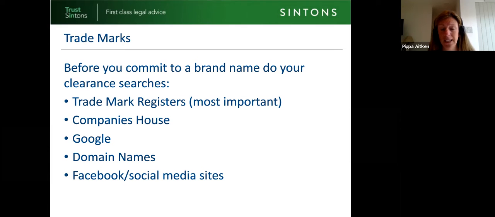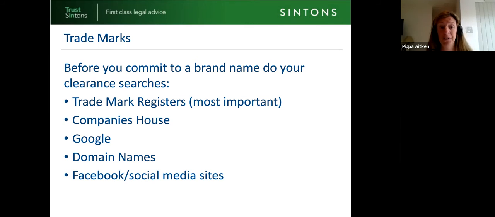Check that no one else has an identical or similar trademark. You could always check Companies House as well, because it's a good indication if someone has the same company name as you, they might be doing the same thing. Although it is a good indication, they still might have a different trading name or a different product under their company name, so it's not conclusive. And certainly Companies House will not knock it out if it is similar to another name.